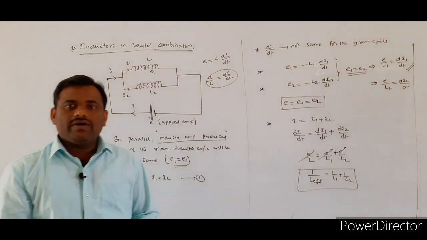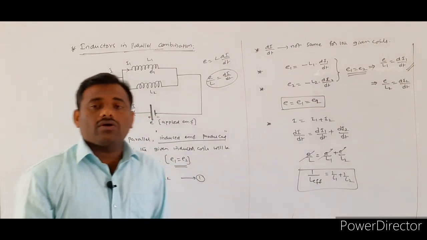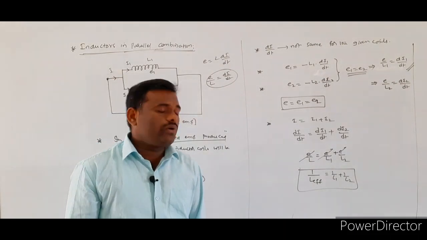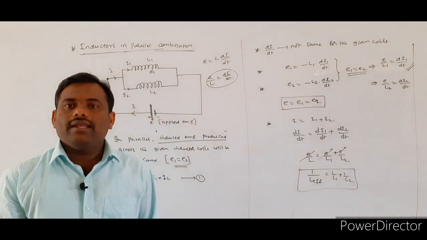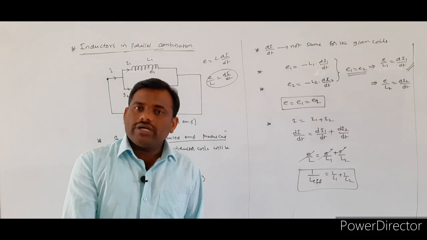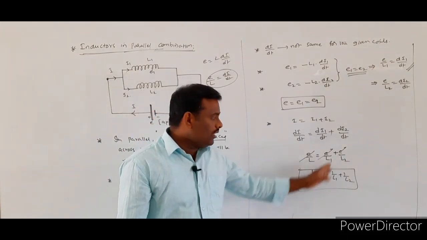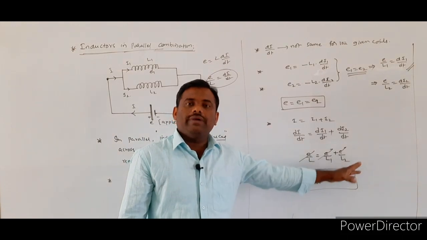So this is the required condition. Whenever the inductor coils will be in the parallel combination, the effective inductance will be calculated according to the given relation 1 by L effective is equal to 1 by L1 plus 1 by L2.